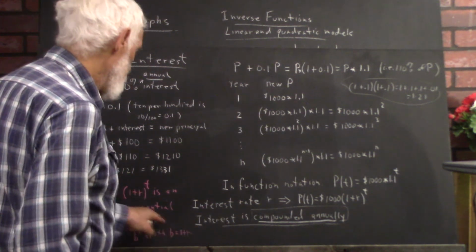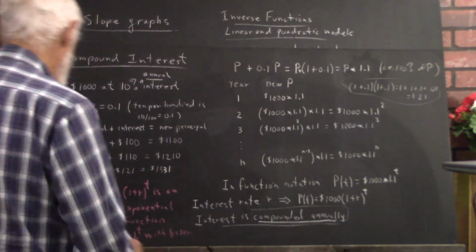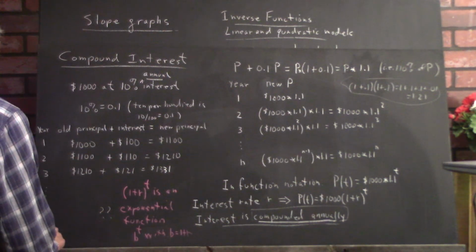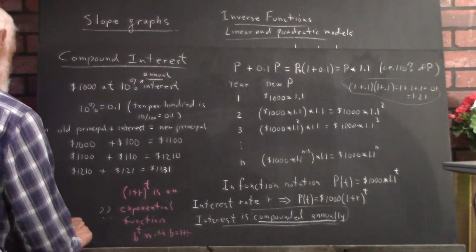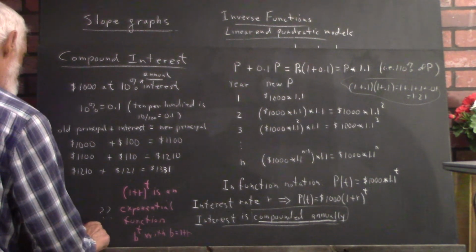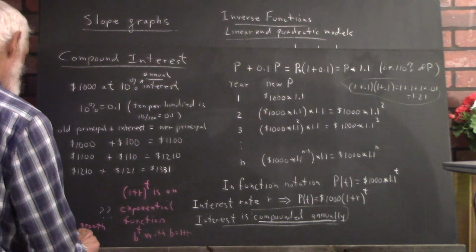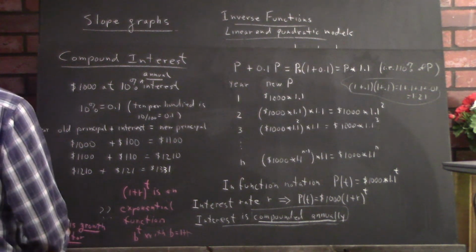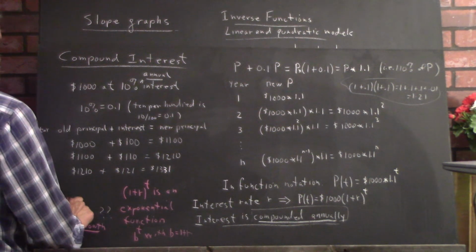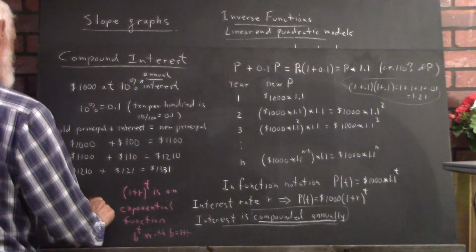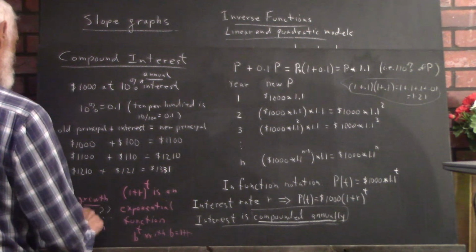The base of the exponential function in this case is called your growth factor. Okay, so r is your growth rate.